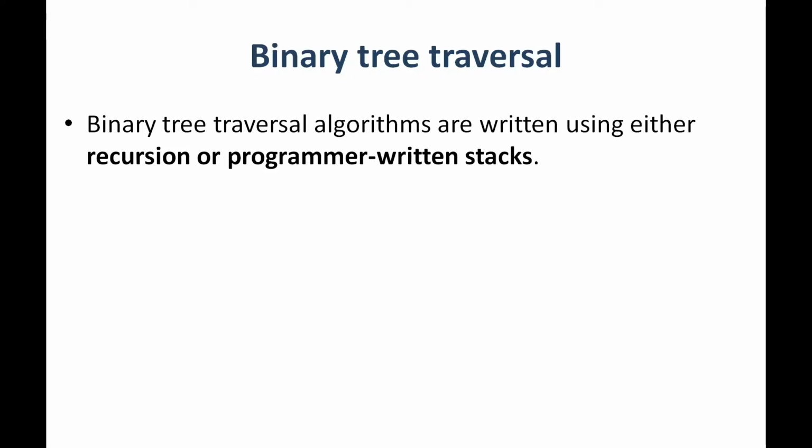That means a lot of additional memory is needed for the maintenance of the stack, and these two are the drawbacks of binary tree traversal. Number one, there will be plenty of null pointers in the linked list which represents the binary tree, and secondly, the traversal of a binary tree, particularly the in-order traversal, has to make use of the stack.